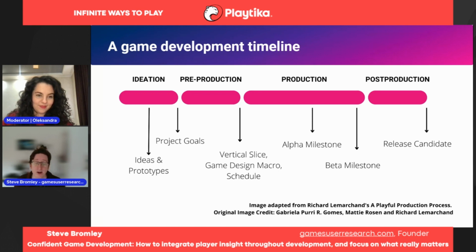The other place where it can be very valuable is that I know many publishers these days won't fund ideation or pre-production. They want you to have a vertical slice, something that represents the game, before they'll even consider funding it. If you can playtest before that point, then when you take your vertical slice to them, you also have information saying players like this, they rate it better than other games in the genre, a typical play session is this long, and we estimate that we'll retain players for this many days after playing.